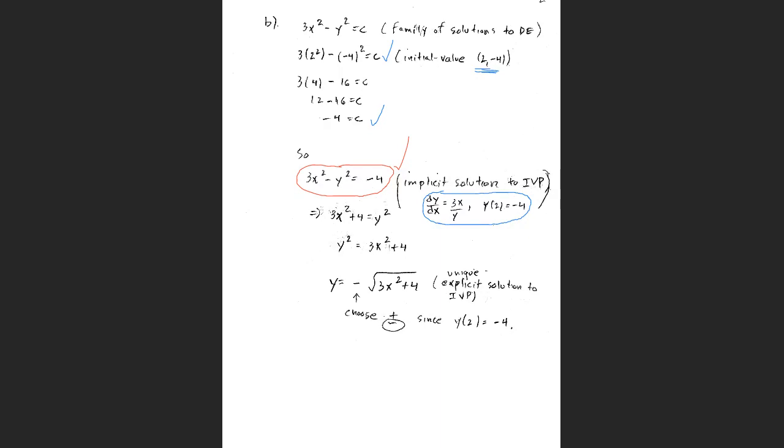And so all I need to do is solve for y. Let me give you a moment to copy this down, and then we'll talk about why I chose a negative in front of the square root.